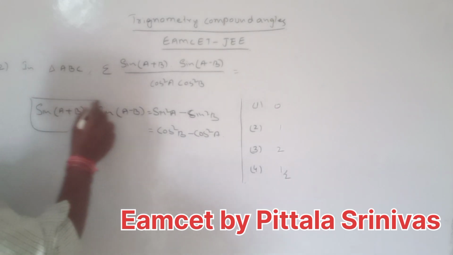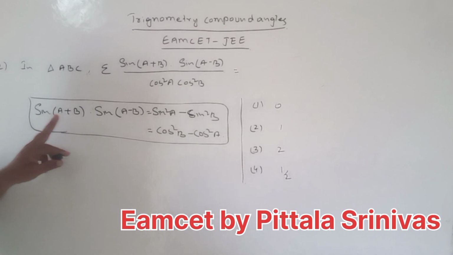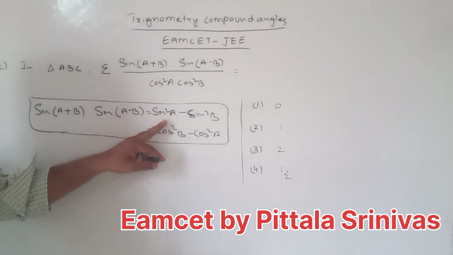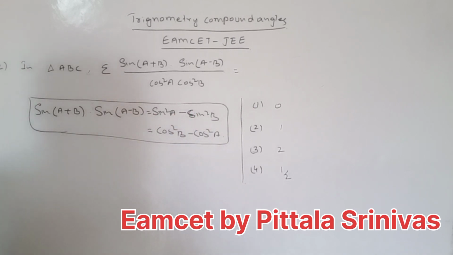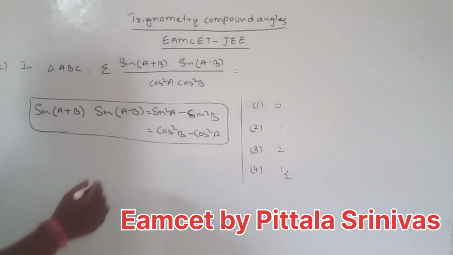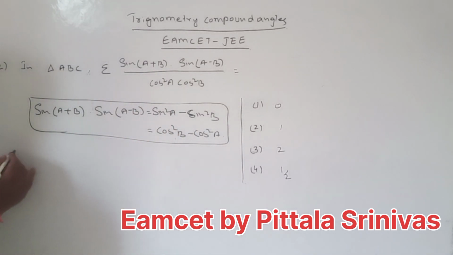This is the formula. We have the formula sin(A + B) into sin(A − B) is equal to sin²A − sin²B, or cos²B − cos²A. So you apply this one, cos²B − cos²A.